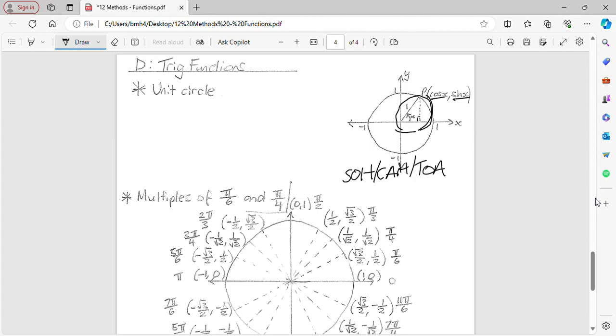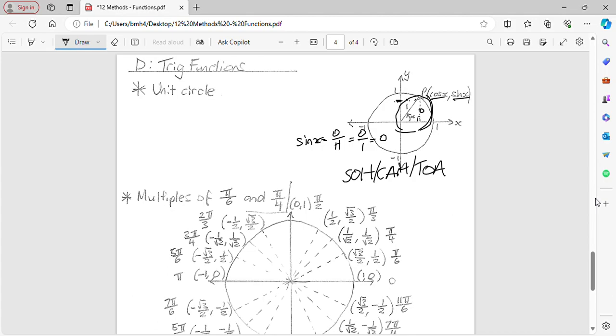So sine of x is opposite over hypotenuse, so that is opposite over 1, which is the hypotenuse. So you just get whatever that opposite side is, that is going to be your sine value, which we can read off of the y-axis there, for that particular angle of x.